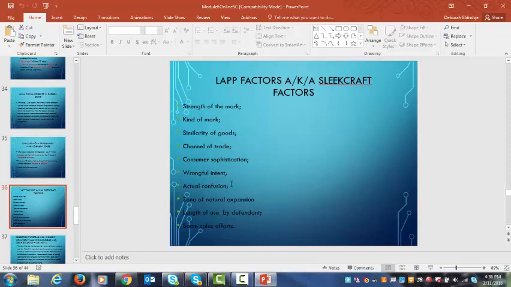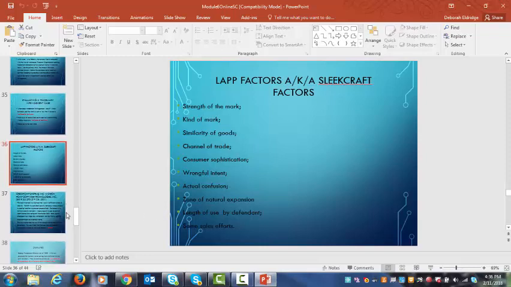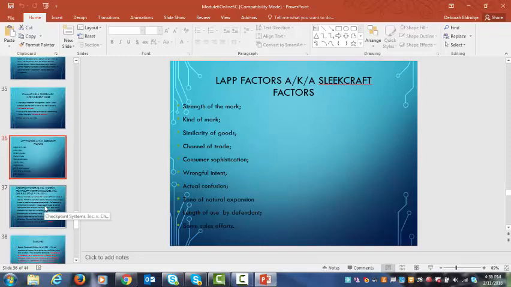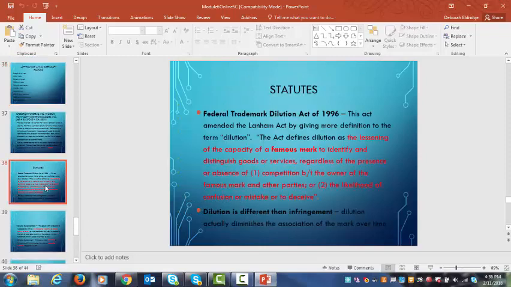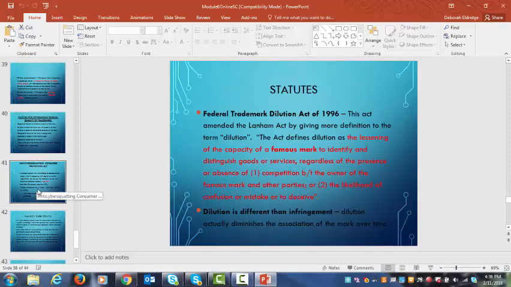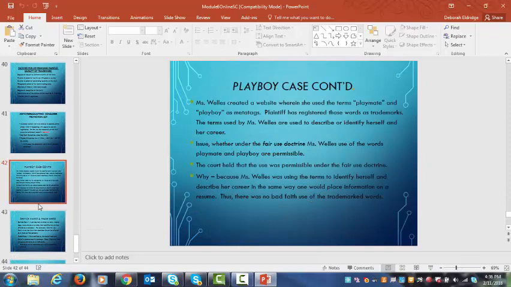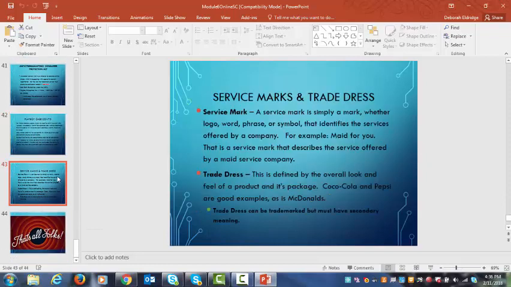Look at the lap factors, or aka sleek factors, because those identify what a court has to determine in order to say trademark infringement did or did not occur. Okay, and then we have the Federal Trademark Dilution Act to pay attention to those items as well. And then we have service marks and trade dress, so be aware of those.